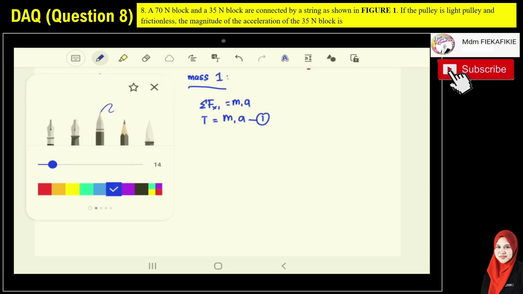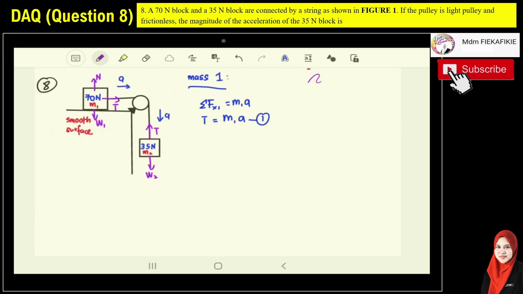Okay, so this is for mass 2. Mass 2 is moving downward in the y component, so I'm going to write total Fy2, because the direction of the motion is in the y component. Total Fy2 is equal to m2a.